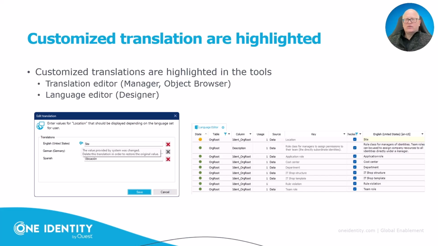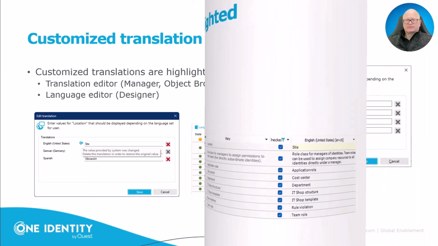Now with the new highlight feature, it's much easier. You can easily see in translation editors, like they are implemented in the manager or on the object browser, left side of the screenshots, there is now a highlight that says this is a custom translation, and as well in the designer, where you have more of that table-based view, you now see your custom translations with the highlighting as well.